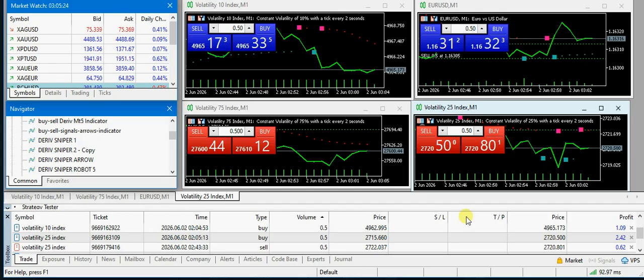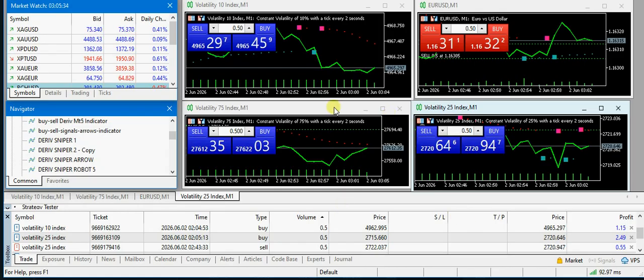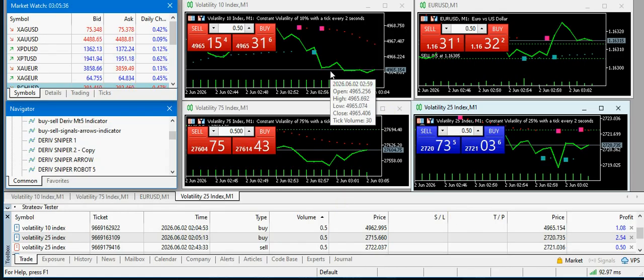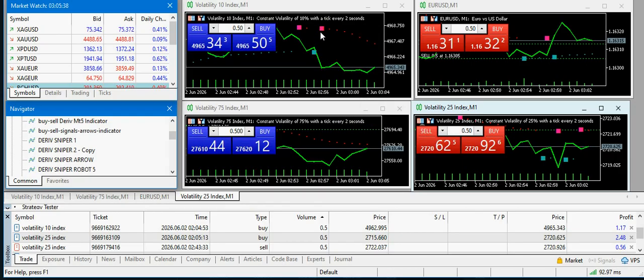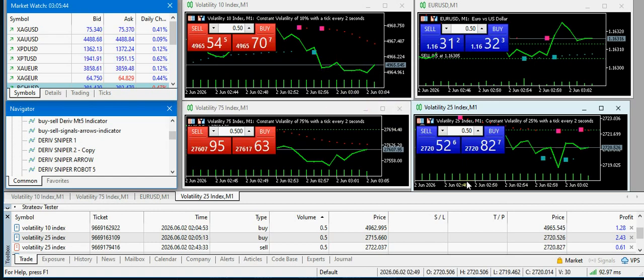So you can see some trades are in profit already. How this indicator works is this: once you attach it to your chart, you just wait for it to show this purple. Once it shows this, you sell. Once it shows this light blue, you buy. Then once you're in profit, you close your trade. It works on other Forex broker platforms as well that support MT5.